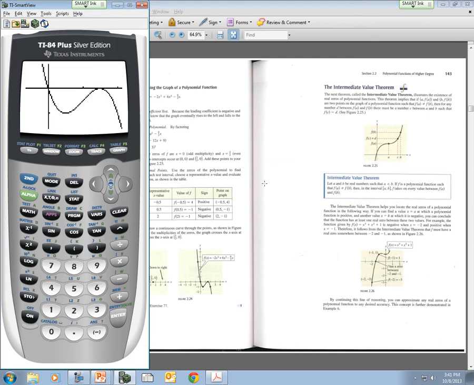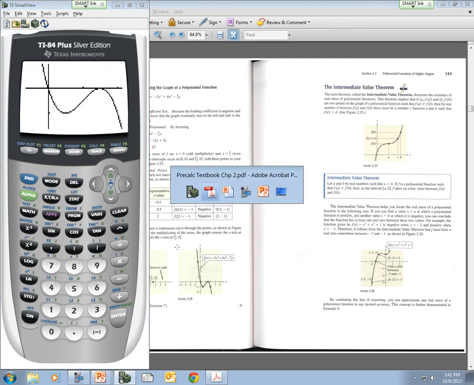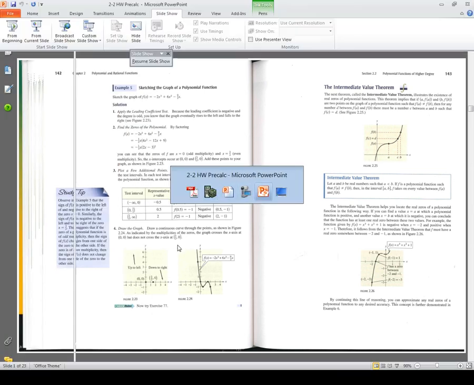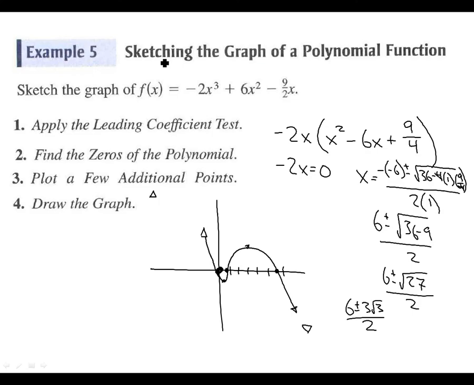All right, we can pull this out. Come back, slideshow. So on this one, aha, there's my problem. Didn't decide to divide by 2. Silly mistake. That should be a 3 right there, not a 6.